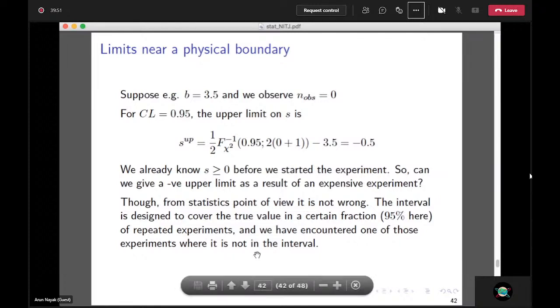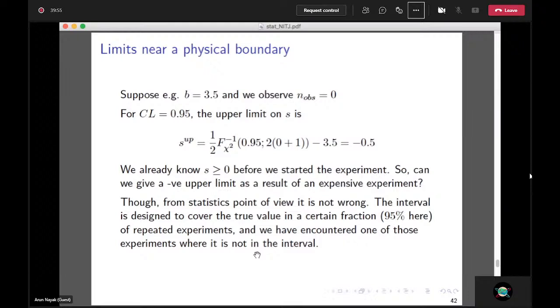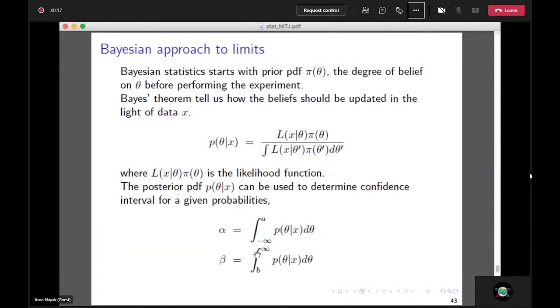But as physicists, we would like to give the result of an experiment which also incorporates our previous knowledge of the true parameter. Because for us the signal cannot be negative, so we need to incorporate that information somehow into our interpretation of the result. Okay, so how can we do that?